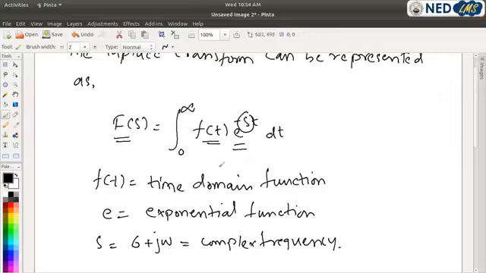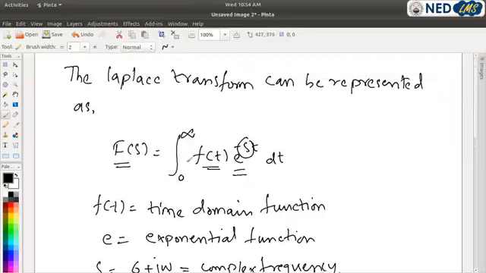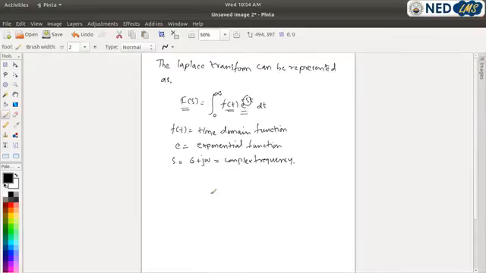So we can use this tool to convert any time domain function represented by f of t into its equivalent frequency domain function represented by capital F of s.